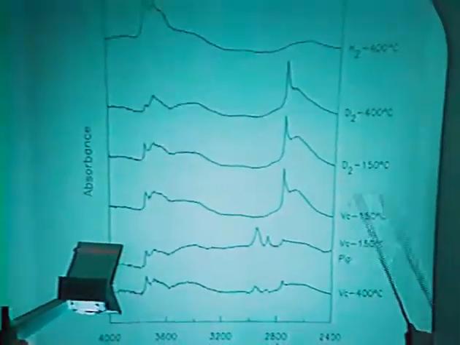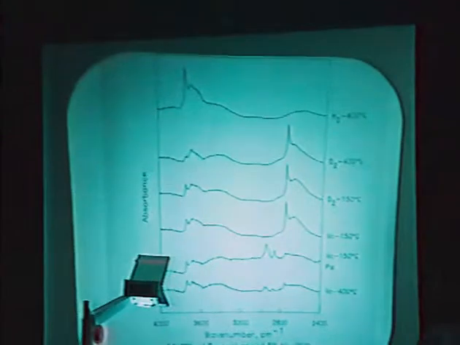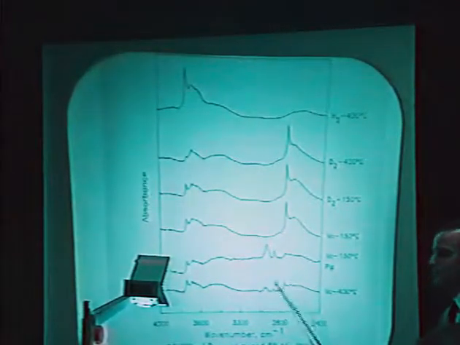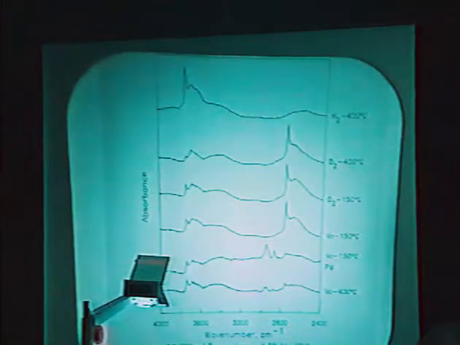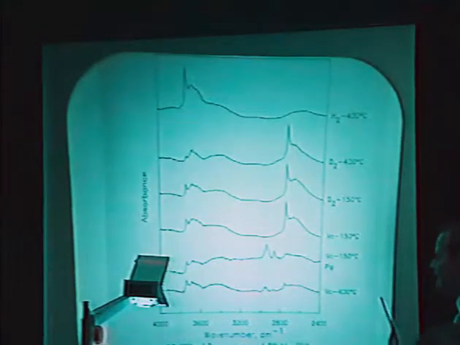What we found was that piperidine, yes, interacts with the OD groups on the surface. However, when we raise the temperature, there is still some piperidine on the surface, saying that the interaction with the OH groups that have been exchanged with OD is greater than in the case before.